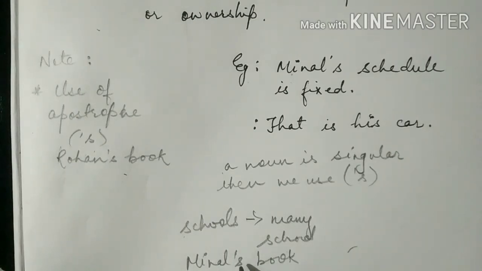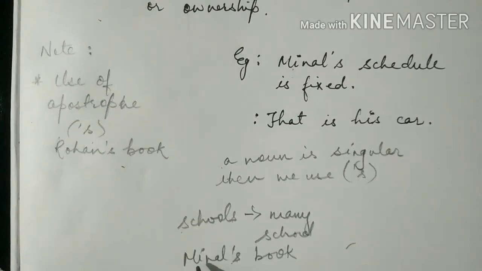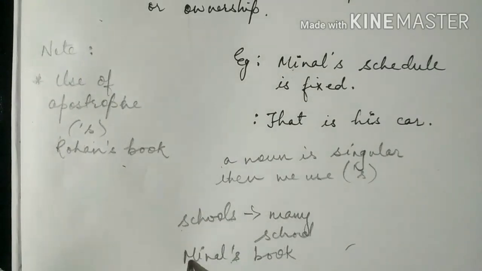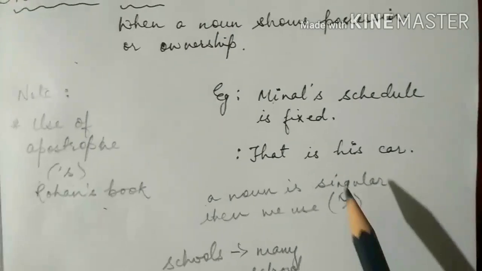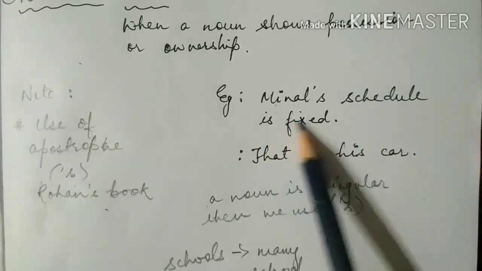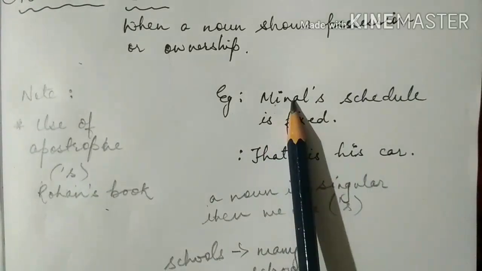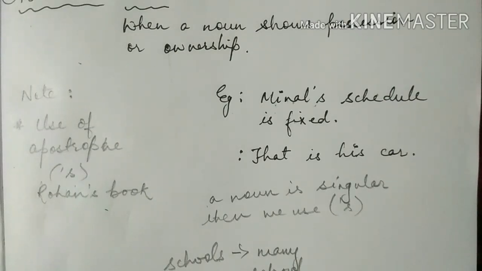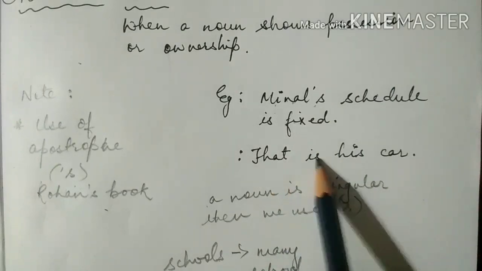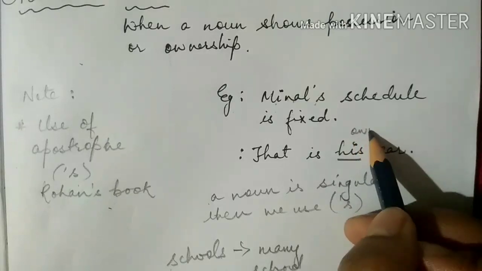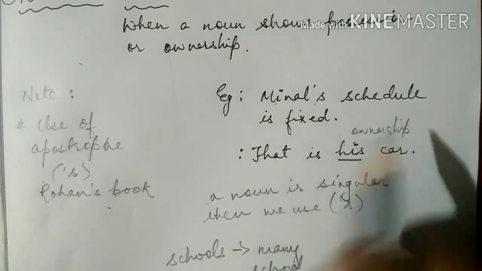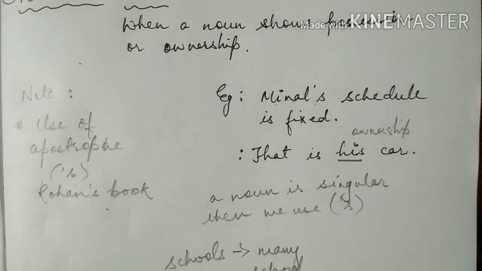Here, if I am using apostrophe s with the noun Meenal, that means I'm talking about only Meenal, no other person. So this is what the possessive case is. Further example, Meenal's schedule is fixed. Here we are talking about only one person, and her schedule is fixed. Then that is his car. This his shows the ownership. Got it? So this is what the possessive case is.